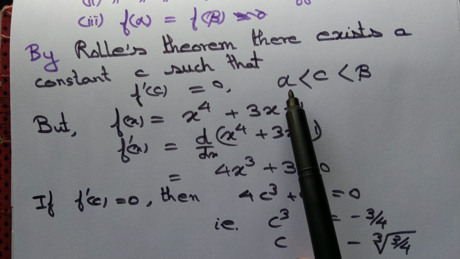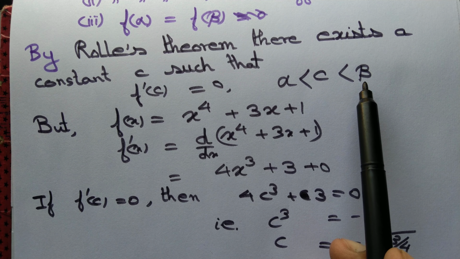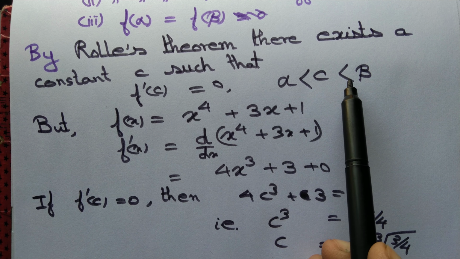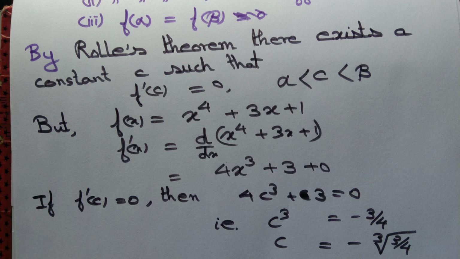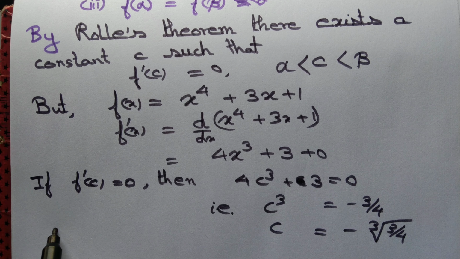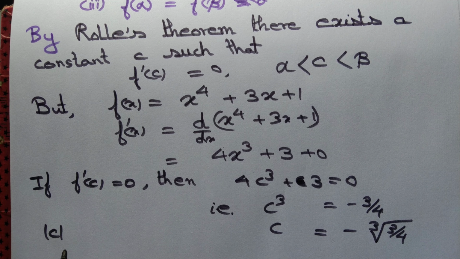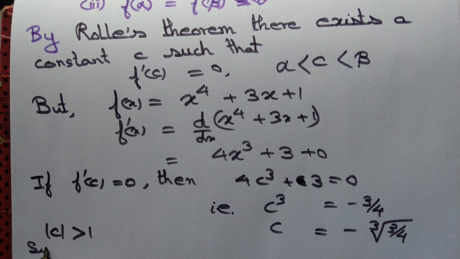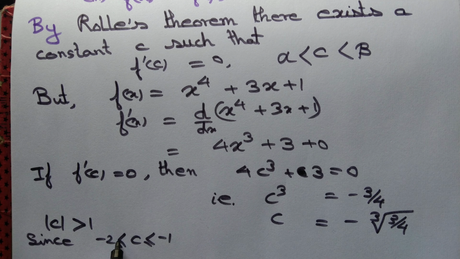However, c is greater than alpha and less than beta, and alpha and beta are lying between -2 and -1. So mod c, as it lies between -2 and -1, must be greater than 1. By Rolle's theorem, that constant must lie in the open interval.